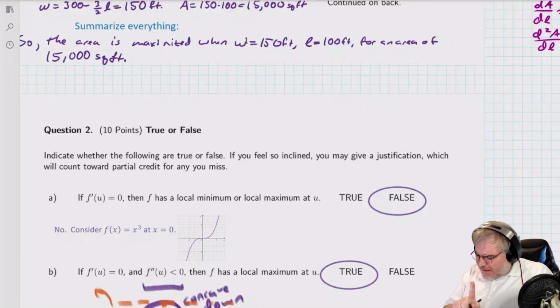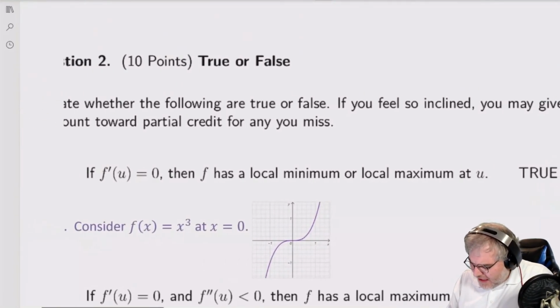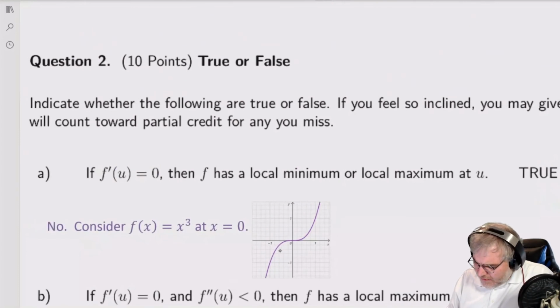But the converse, the other argument, is not true, right? Consider x cubed at x equals 0.